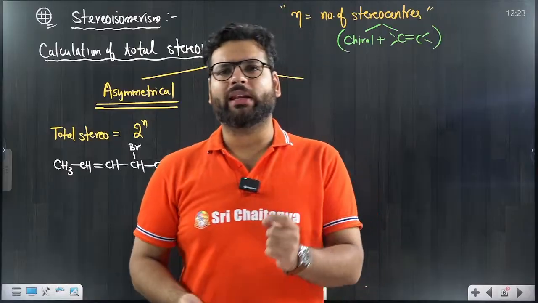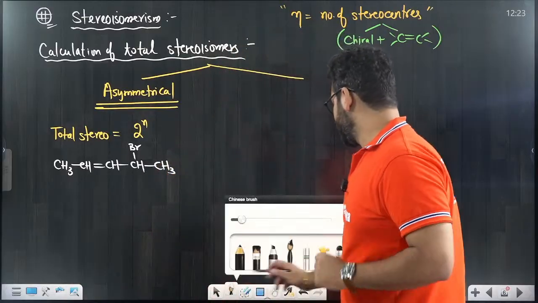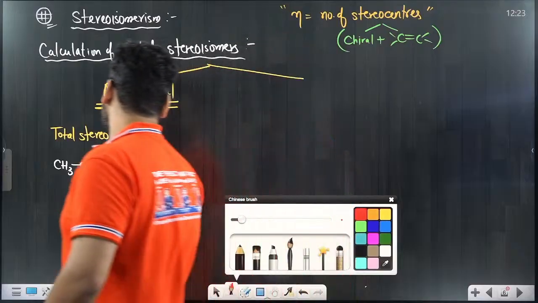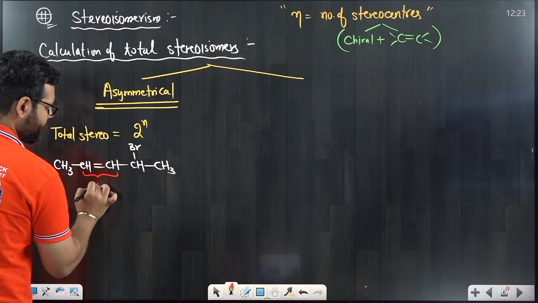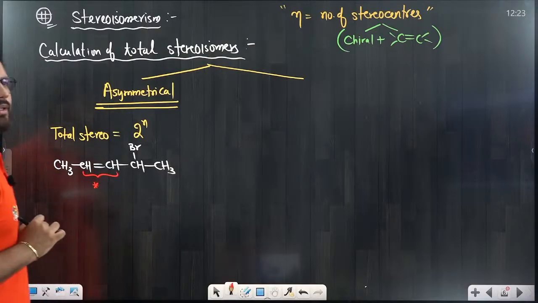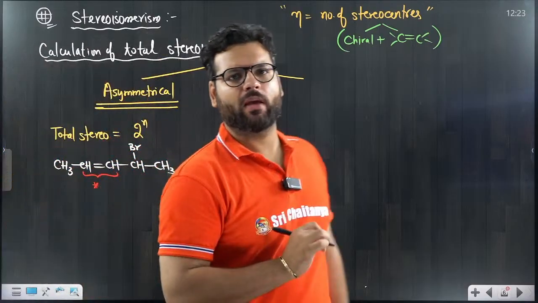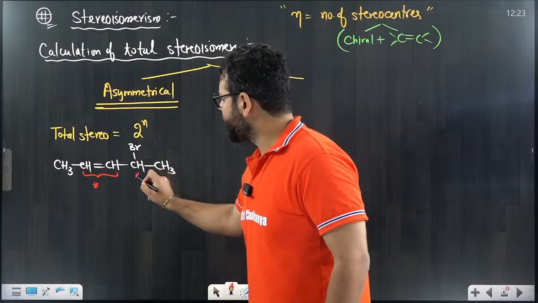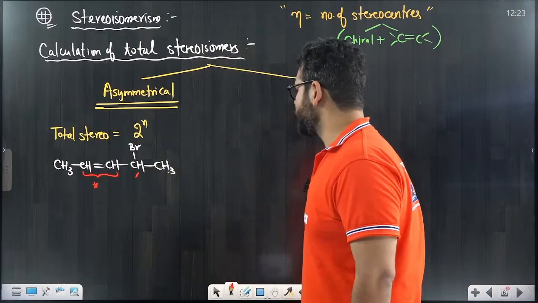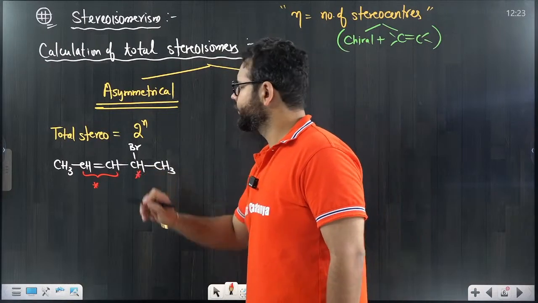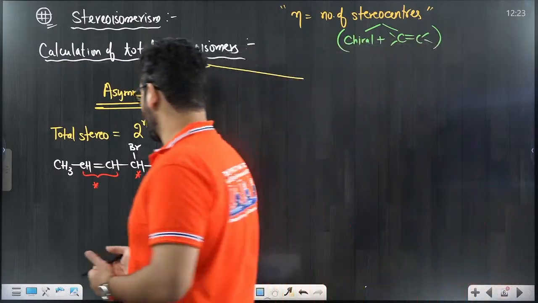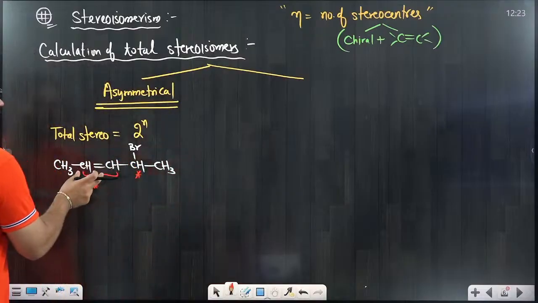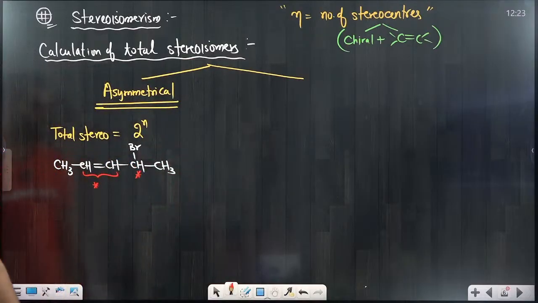Now, how many stereocenters are there? See beta, this pi bond can act like a stereocenter, because it can show cis-trans. And this carbon is a chiral carbon, so this chiral carbon is also a stereocenter.